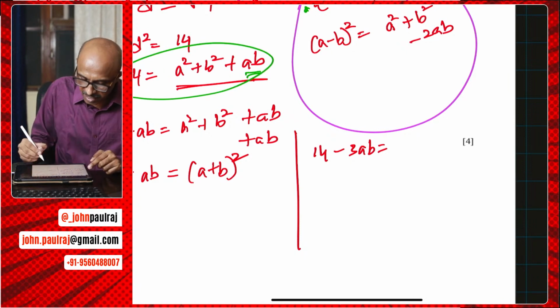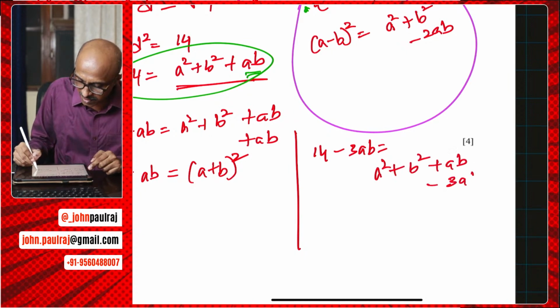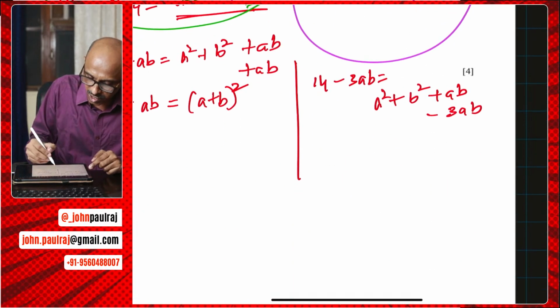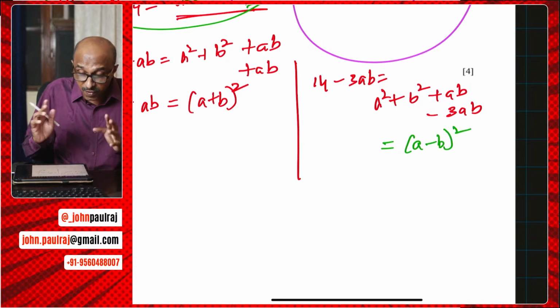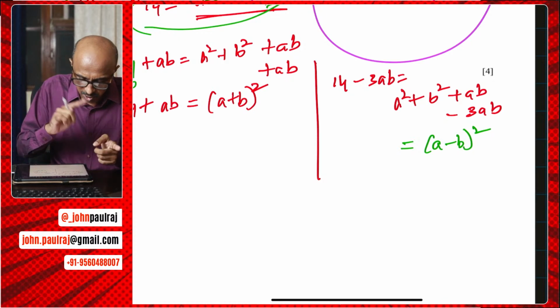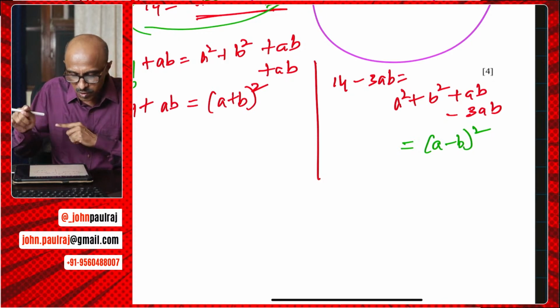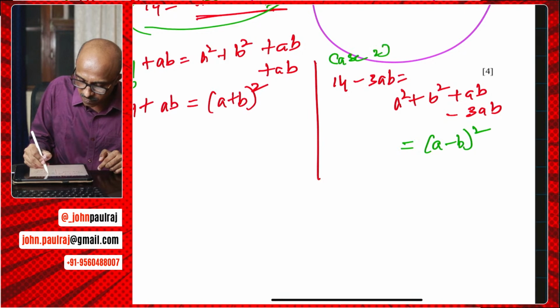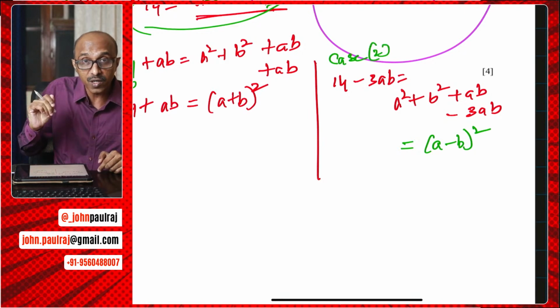I'll get 14 − 3ab is equal to a² + b² + ab, and ab − 3ab will give us that negative 2ab, which means the right-hand side would just be (a−b)². So we've got square numbers on both sides in both cases. Case 1 is 14 + ab is equal to a square number, and case 2 is 14 − 3ab is a perfect square, or a square number.